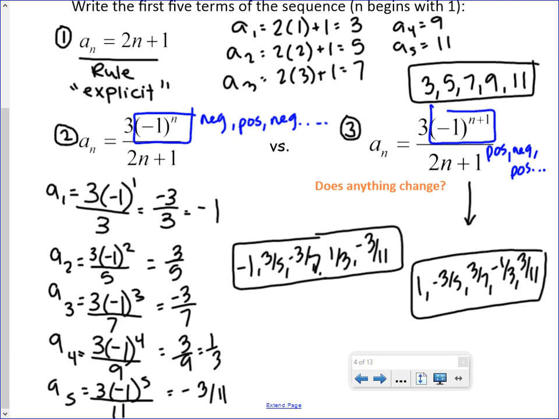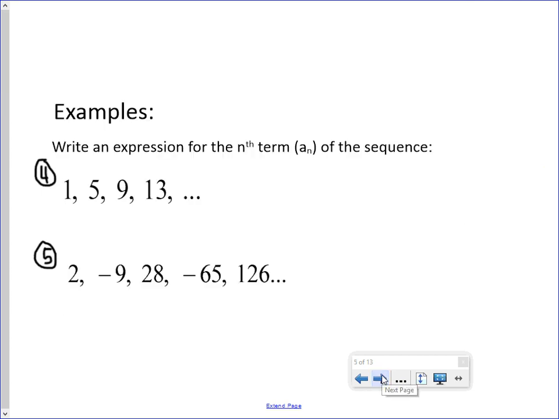Okay, so on the next slide, you have 2 sequences. And this is where you take a deep breath and you believe that you are very smart, because you are. You are going to come up with the rules or write the expression for the nth term, a sub n, of the sequence. So you and your table groups are going to try to come up with a sub n equals rules.